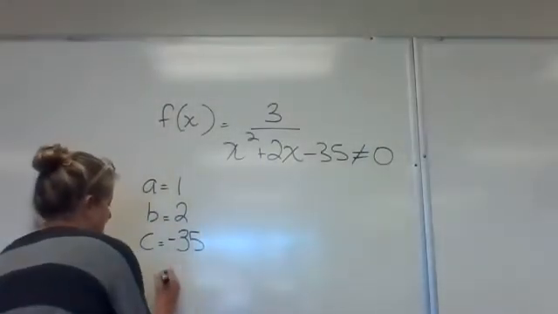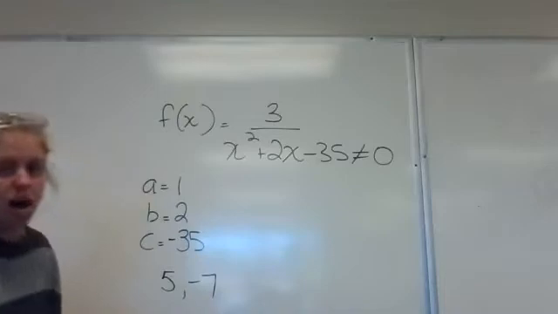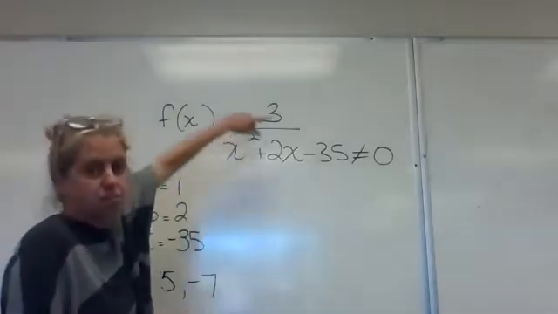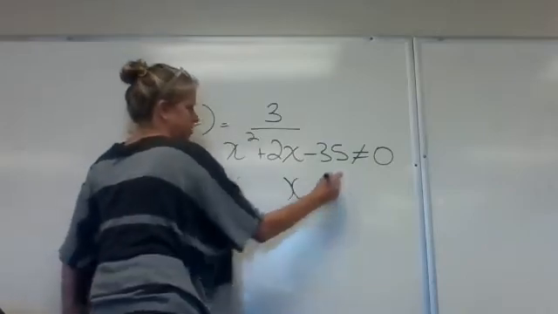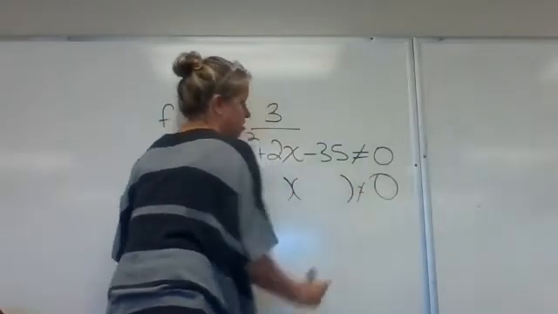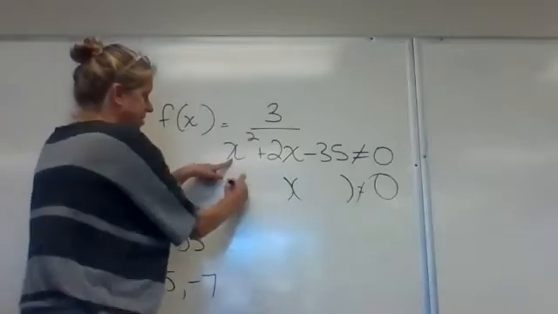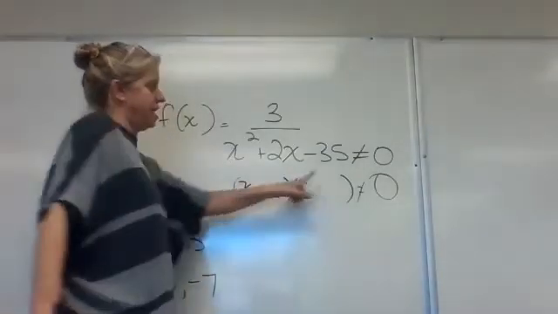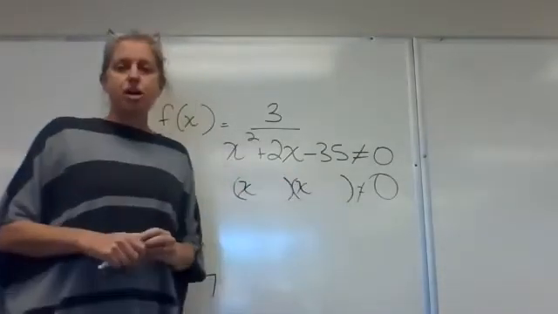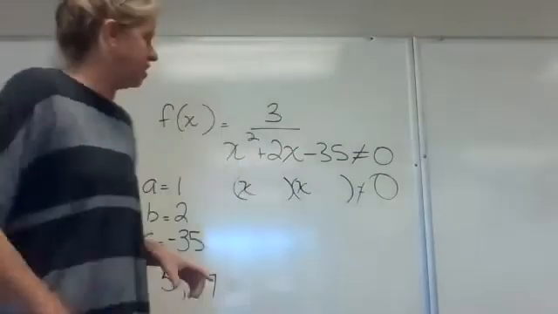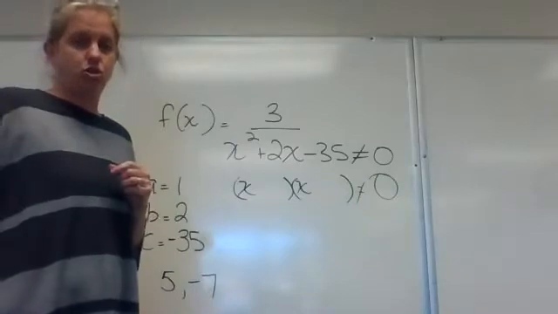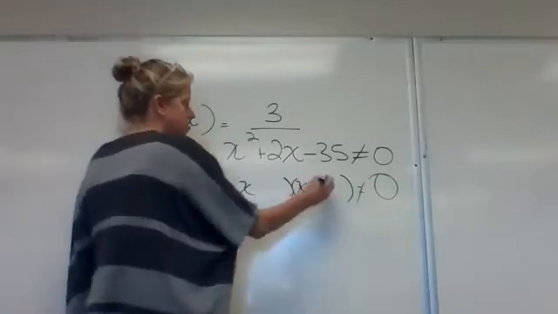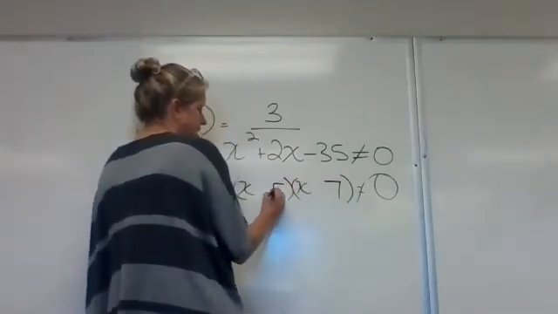Okay, so if I didn't have the quad program, then I would have to solve this by factoring, putting it in its factored form. x and x for x squared. Then I'd have to say, okay, now I need the numbers that multiply to equal negative 35 and add to equal a positive 2. So let's see, I'm going to use the numbers 7 and 5.